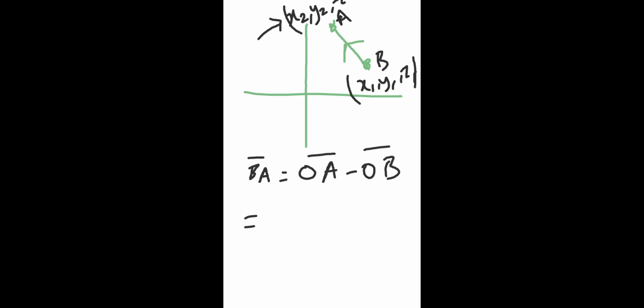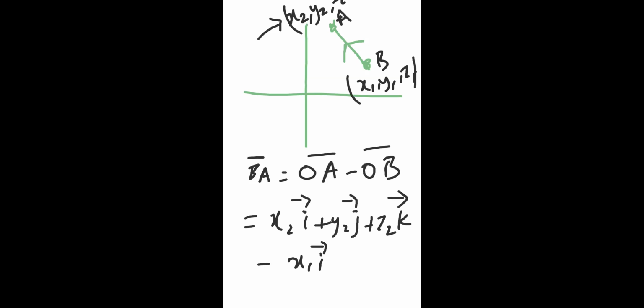So x2 i cap, y2 j cap, plus z2 k cap, minus x1 i cap, y1 j cap, plus z1 k cap. Once you know the two points, you can easily calculate the vector between them. This is the idea. And if these are all numbers, definitely we will get some vector.